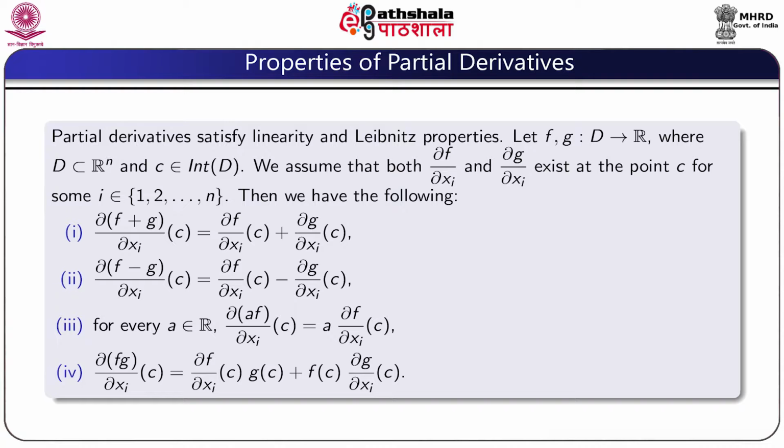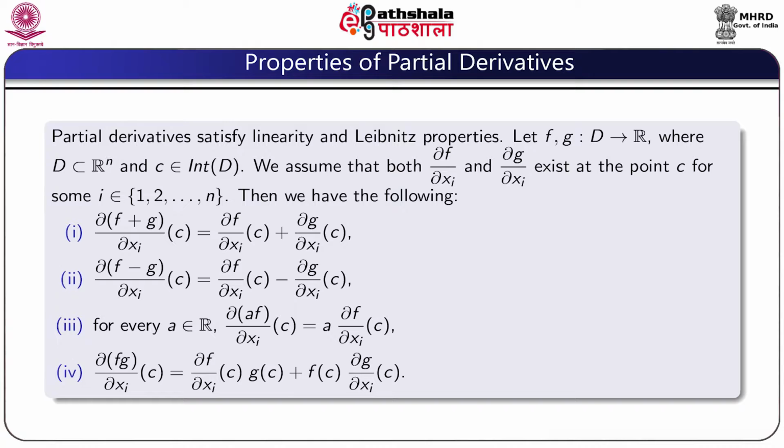Then we have the following properties. The partial derivative of f plus g with respect to the variable xi at the point C equals ∂f/∂xi at the point C plus ∂g/∂xi at the point C. That is, partial derivative of sums equals sum of partial derivatives.